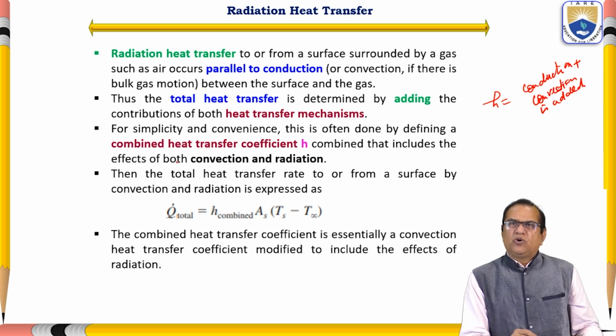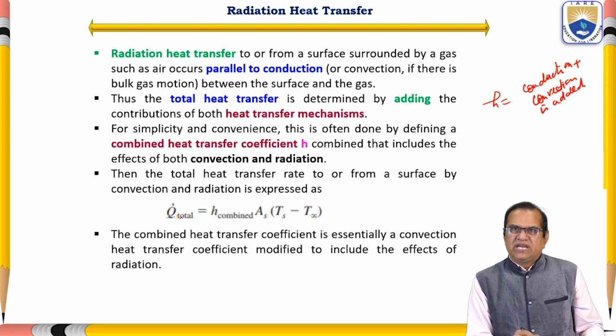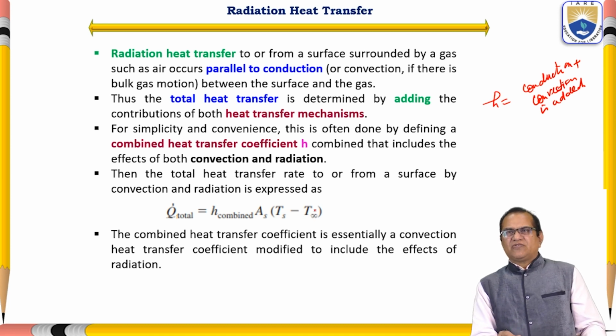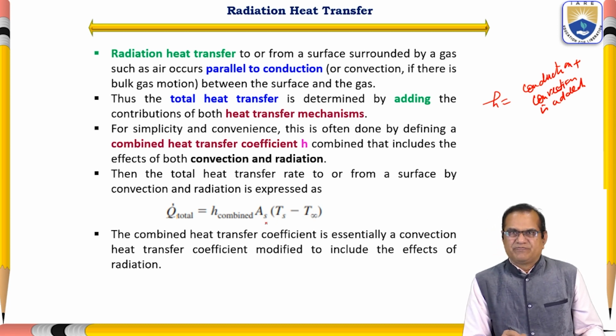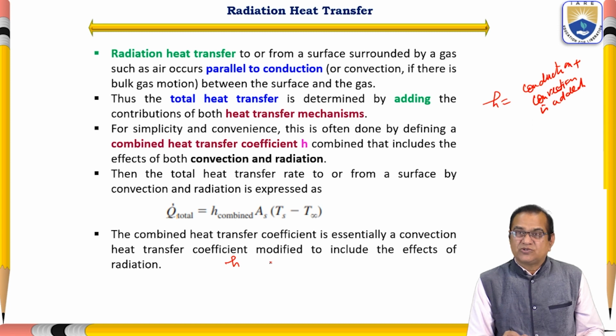So the total heat transfer rate to or from a surface by convection and radiation is expressed as Q total equal to h combined As times Ts minus T infinity. So Ts is the surface temperature and T infinity is the fluid which surrounds this system. The combined heat transfer coefficient is essentially a convection heat transfer coefficient h modified to include the effect of radiation. So in h we have to include the radiation also. So it is the modified h, not the total h.